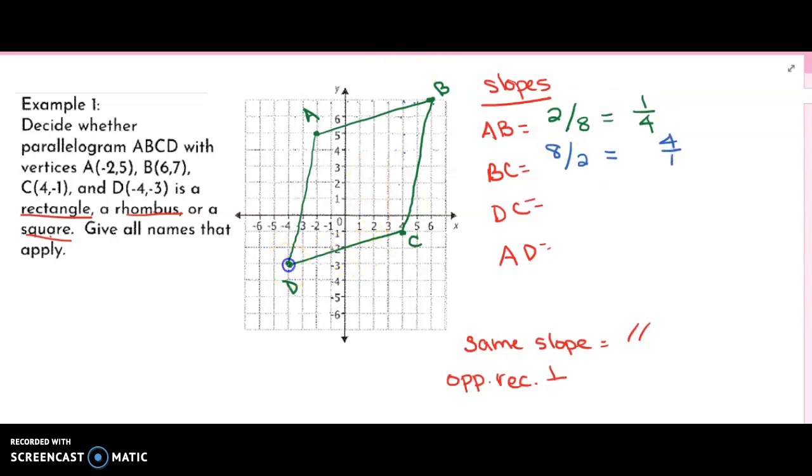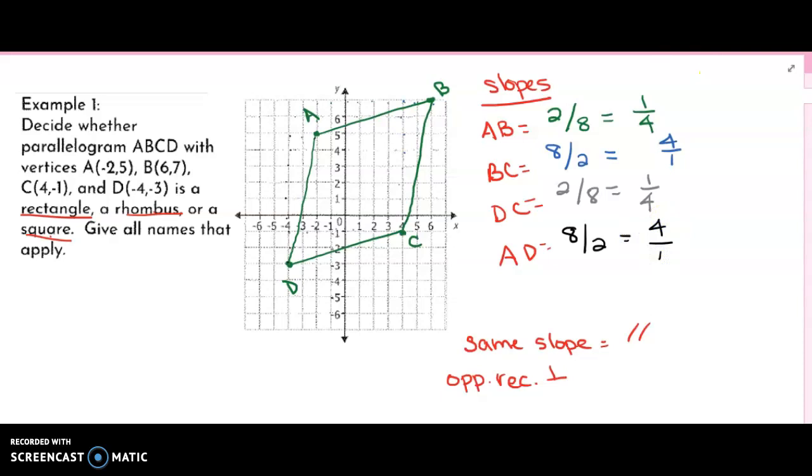Okay, DC, I'm going up 2, right 8. So 2 over 8, which reduces to 1 over 4. And then the slope of AD, I'm going up 8, right 2, which is the slope of 4 over 1.